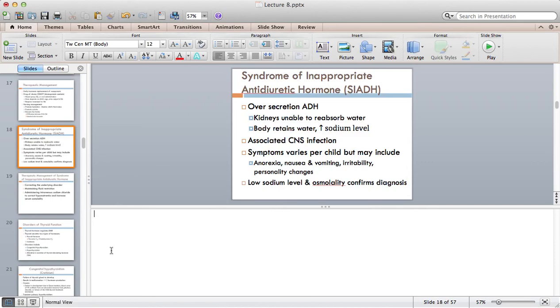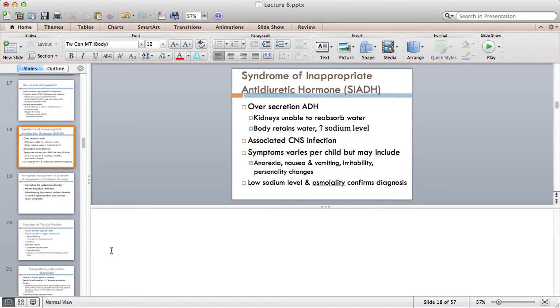The child can become irritable, or you can see nausea and vomiting, which is nonspecific. But when you do your labs, you see that your sodium level is low.